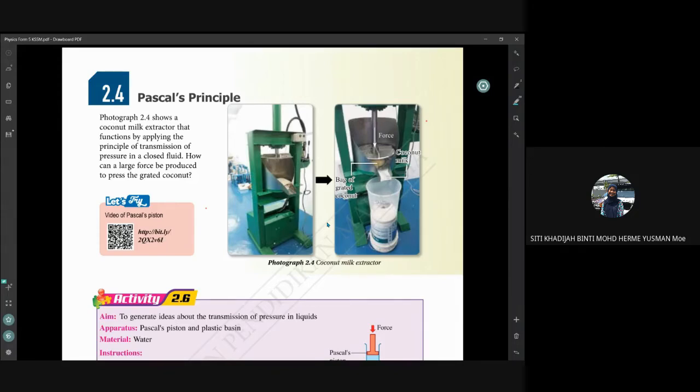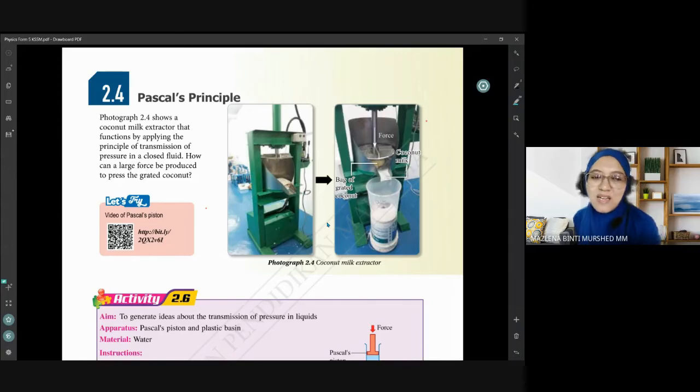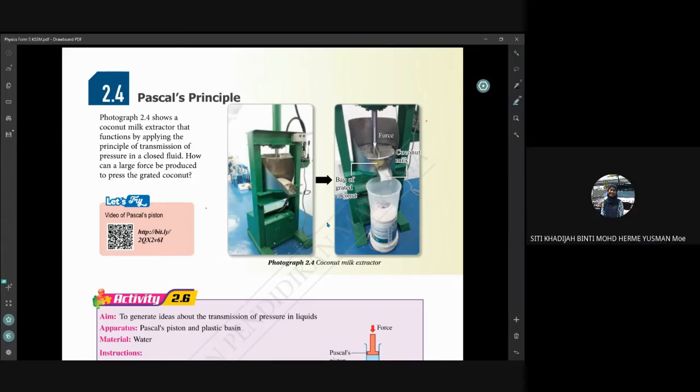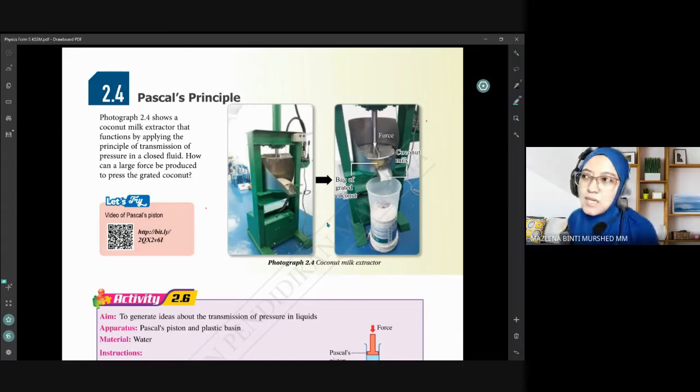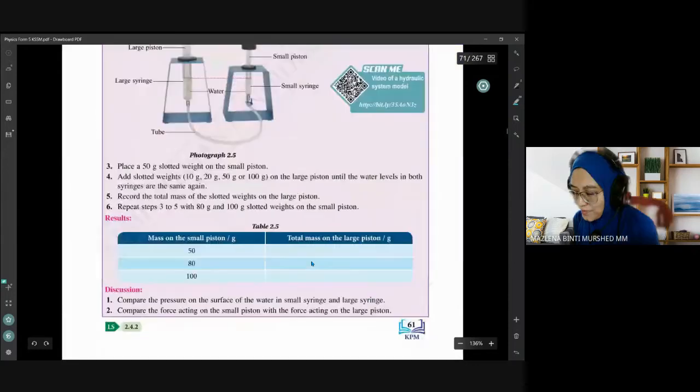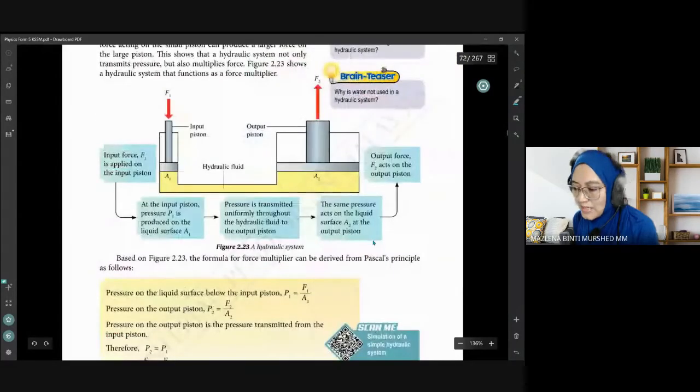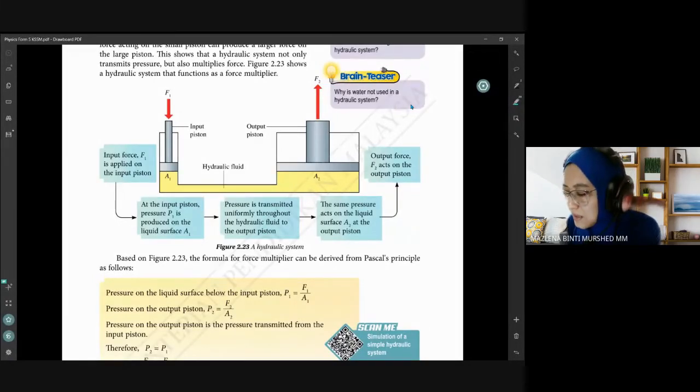Faham tak? Oh, maksud awak dekat hydraulic jack ke? Nanti contoh kalau kereta tu lagi berat, katalah 12,000 Newton kat atas ni, kita bagi daya F1 kat sini kan, so macam mana kita nak tentukan?